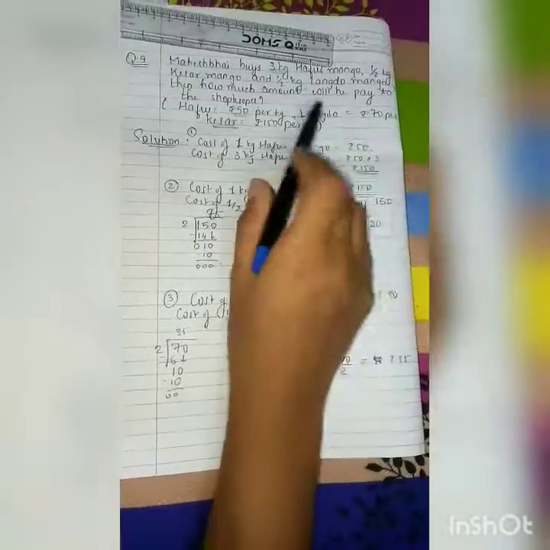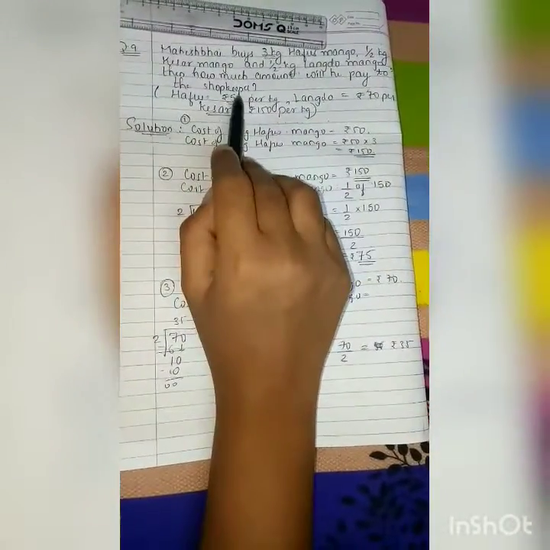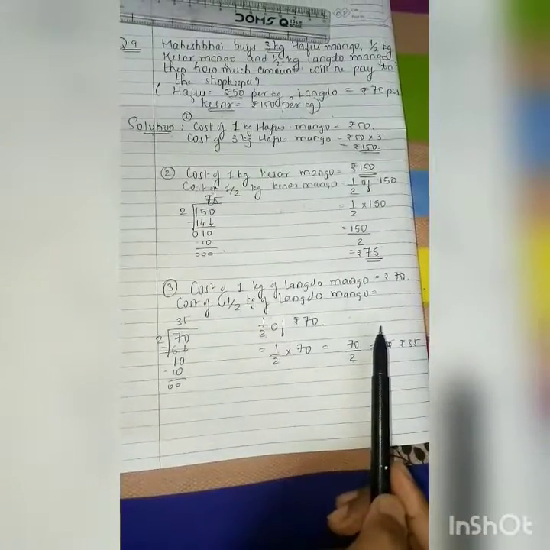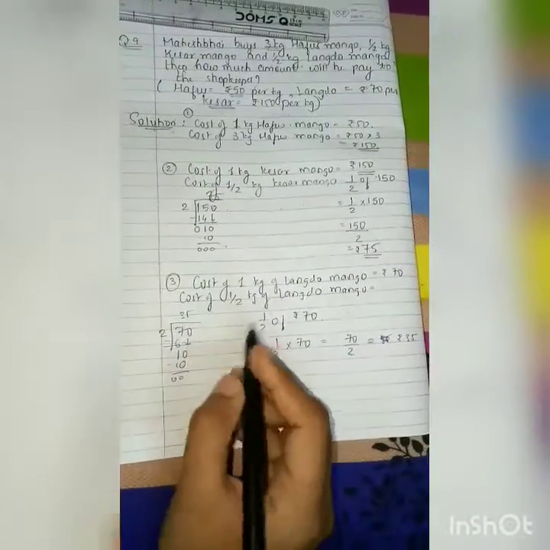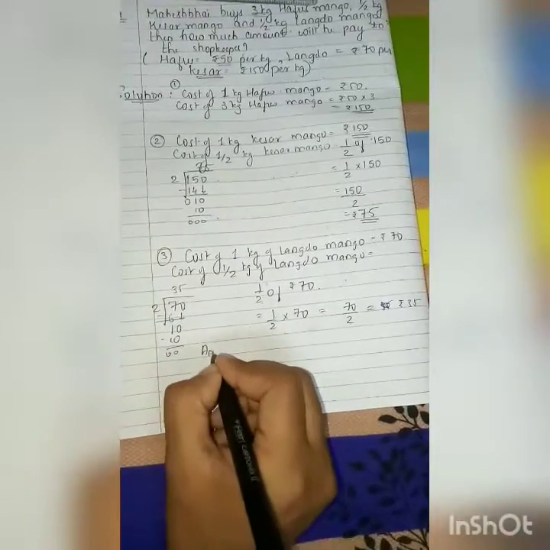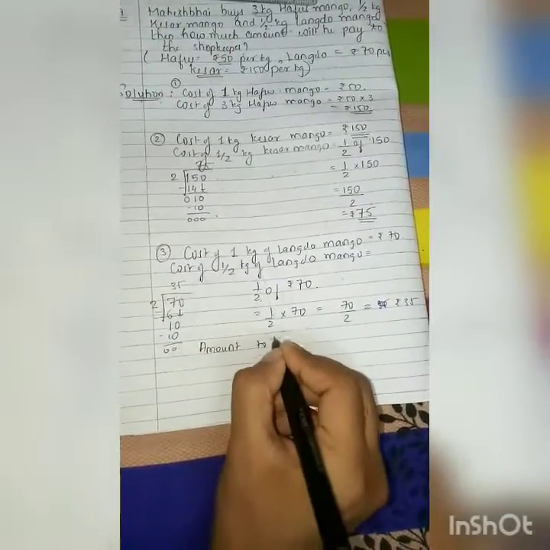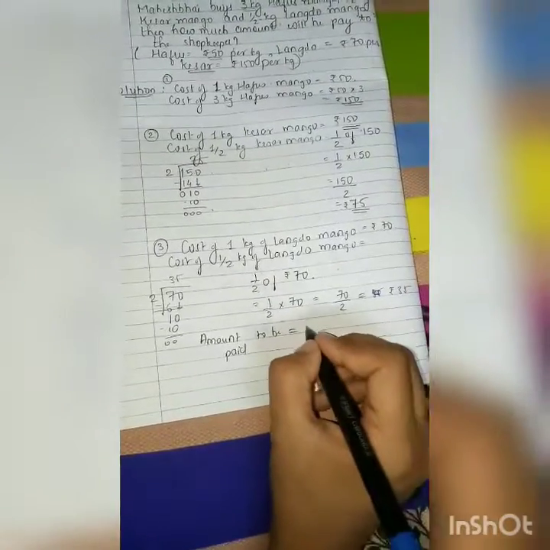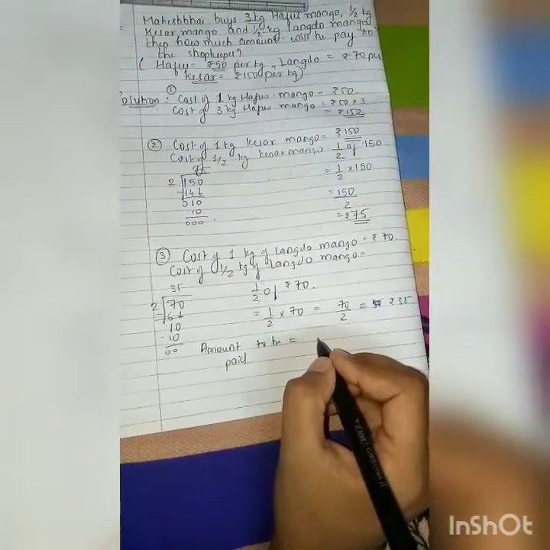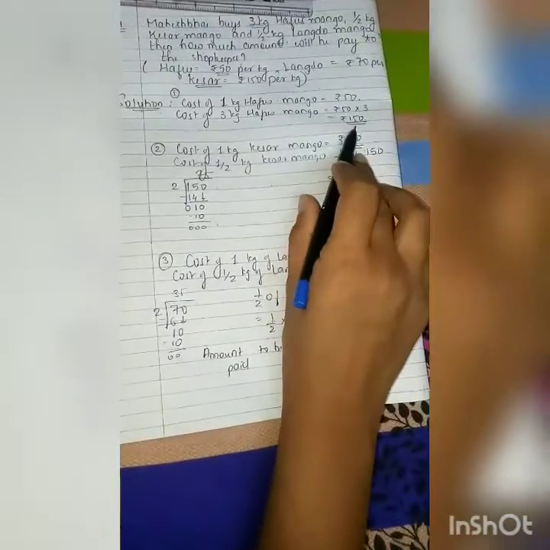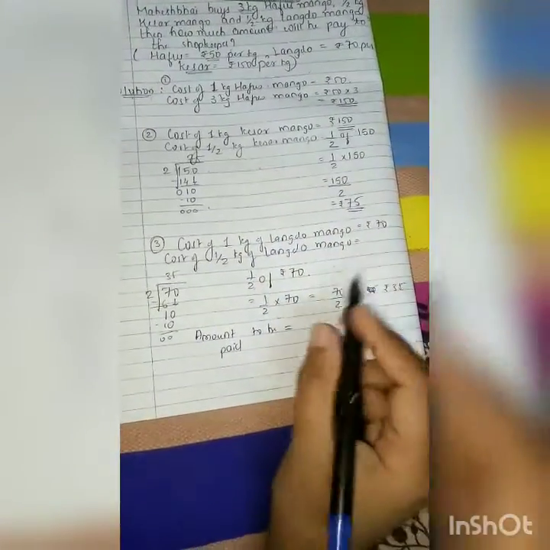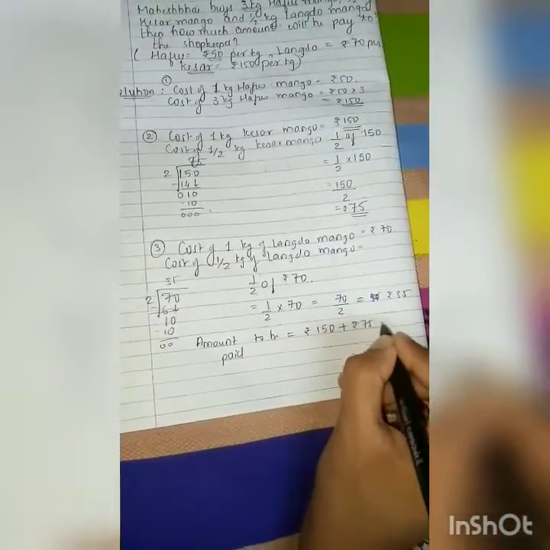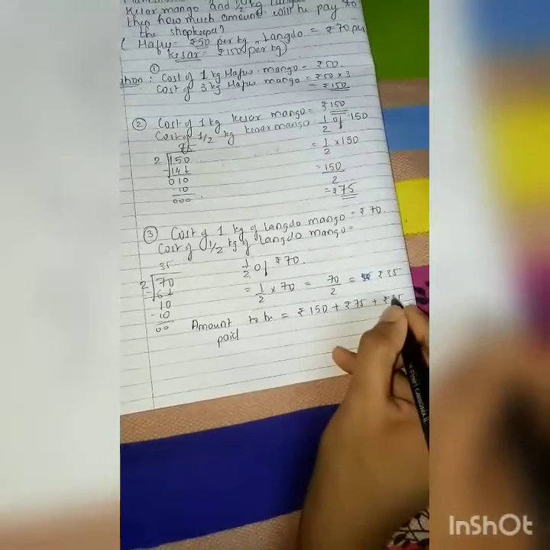Now we have to find out how much amount will he pay to the shopkeeper. Now total amount we have to find how much he is going to give to the shopkeeper. The amount to be paid. Okay, so how much amount he has to pay? So we will do what? We will do addition, because we have to find total how much amount he will pay. So 150 plus 75 plus 35. So rupees 150 plus rupees 75 plus rupees 35.